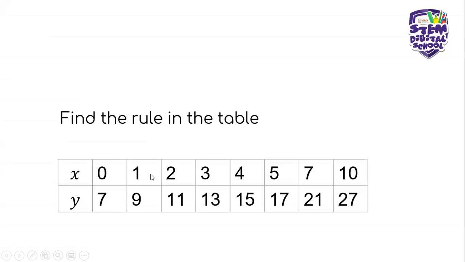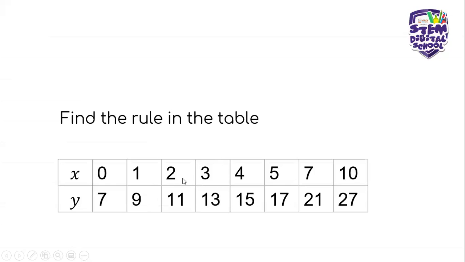And you do the same with the second one, which is 1, the input value of X. Then you multiply that by the constant difference, which is 2. So remember that 1 times 2 is 2. And in order to find the output value, what do you add to 2? You add 7, so it will be plus 7.